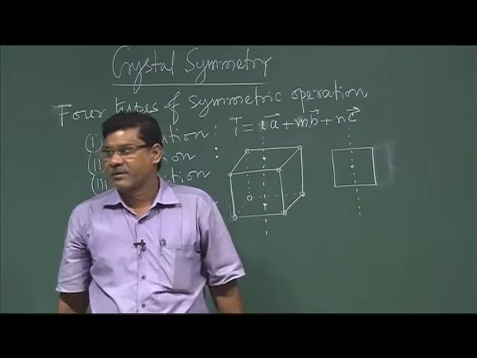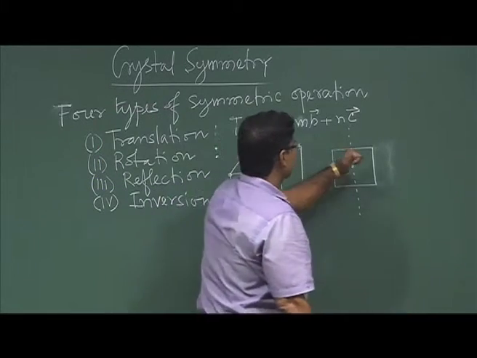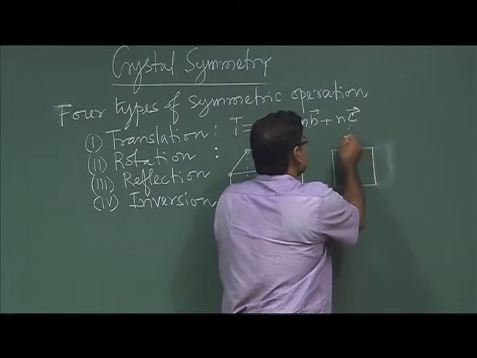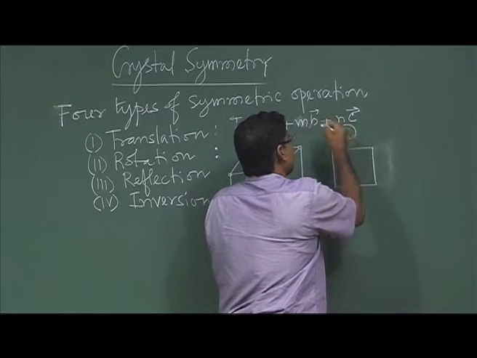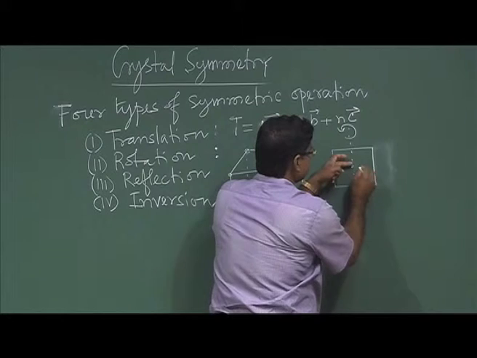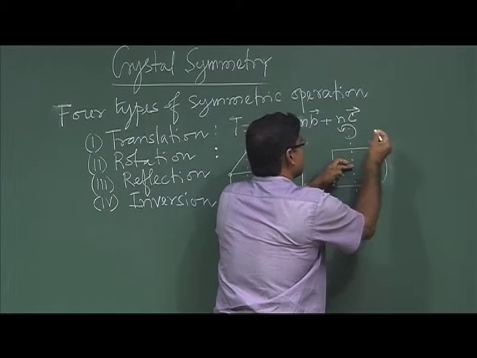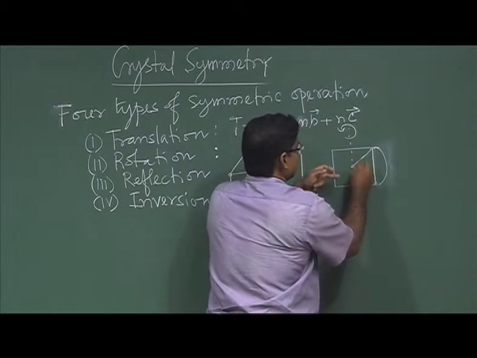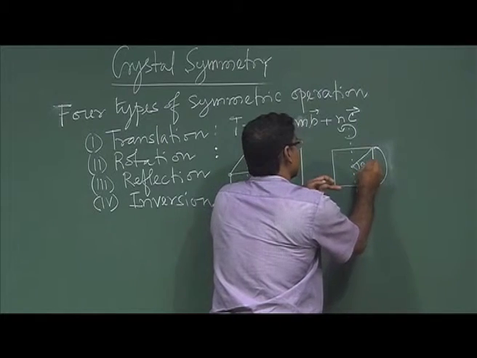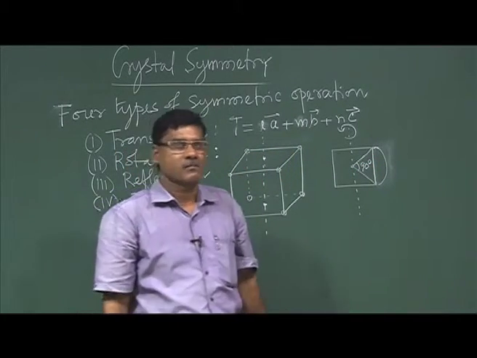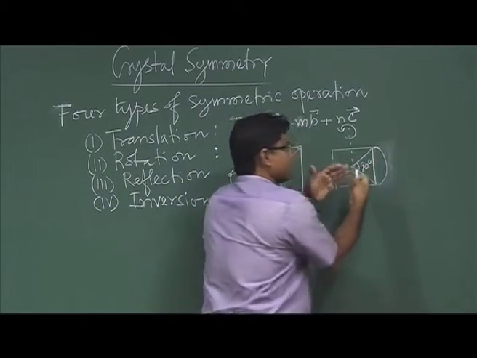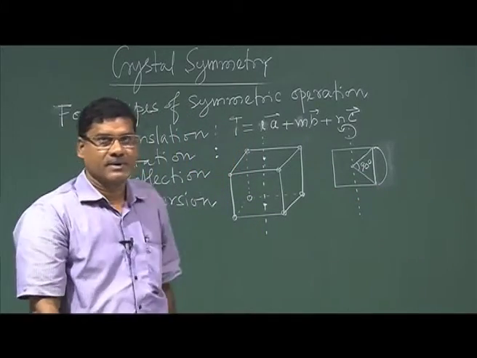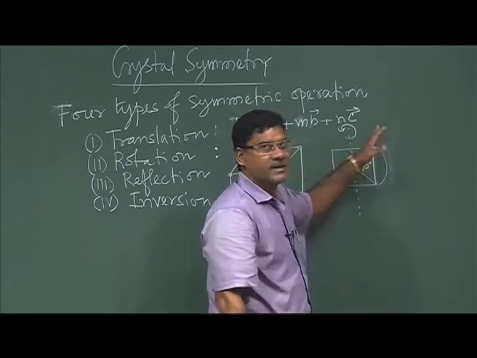So, if we imagine what will happen with respect to this axis, when you rotate, see, this corner will come here after a rotation of 90 degrees. Similarly, after this rotation of 90 degrees it will be invariant.